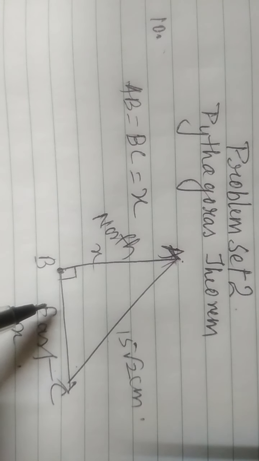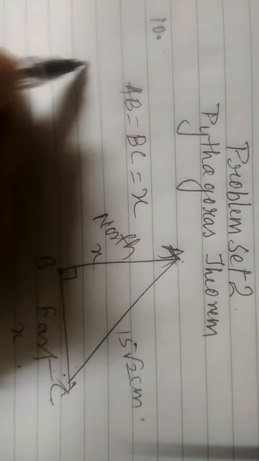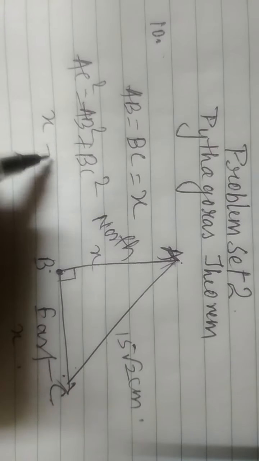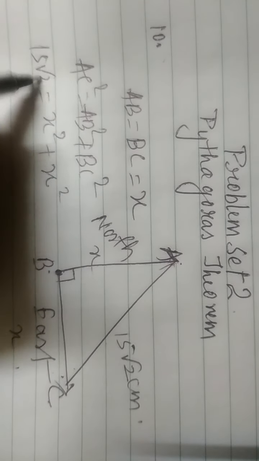Using the Pythagoras theorem, AC square equals AB square plus BC square. Here AB and BC we have taken as X, so X square and X square, and 15 root 2 whole square.